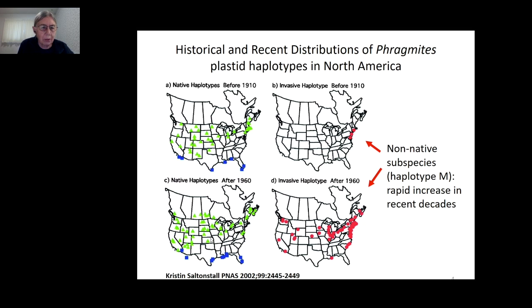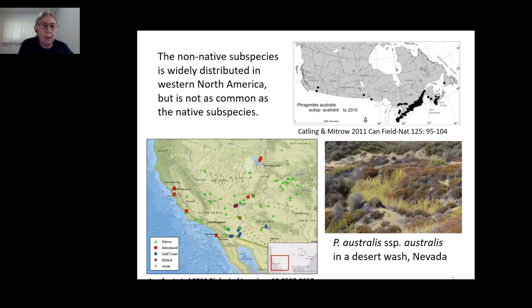Then as she looked at later ones, you could see how what she called haplotype M, the chloroplast marker variant that was the invasive form, was spreading right across the country. This, of course, is based on the US, but something similar was happening in Canada.